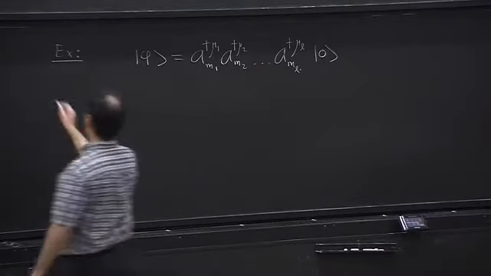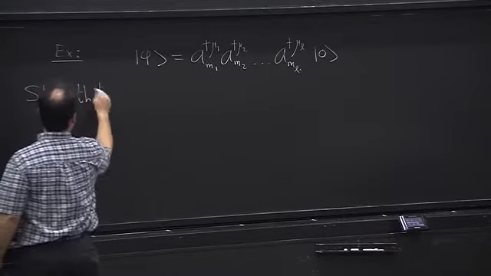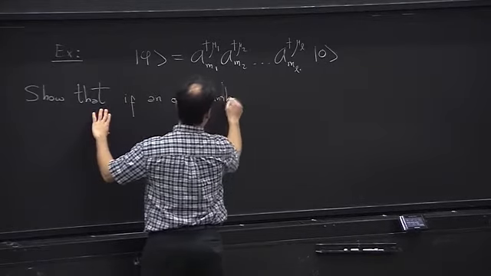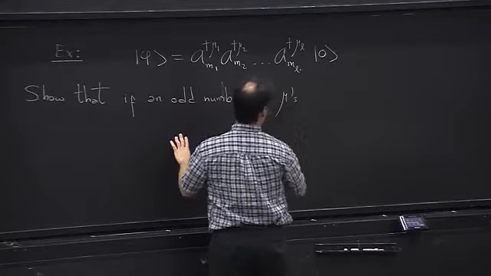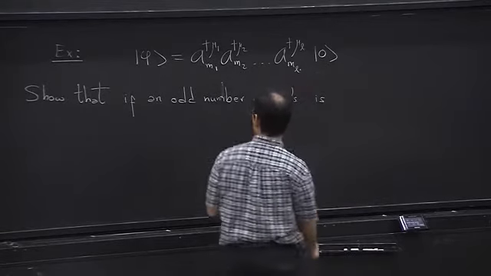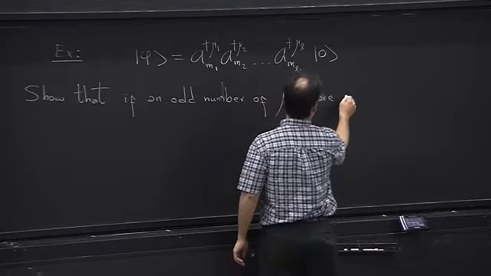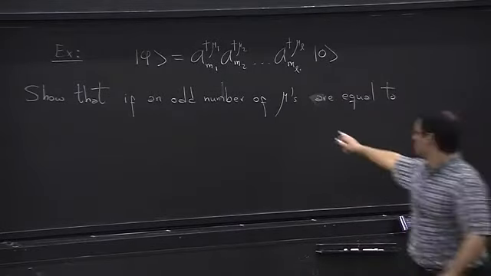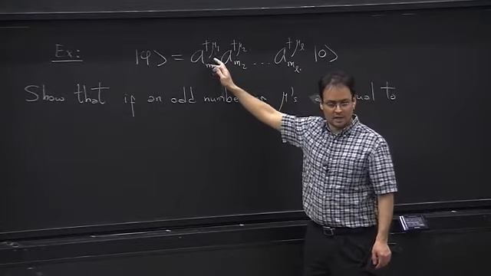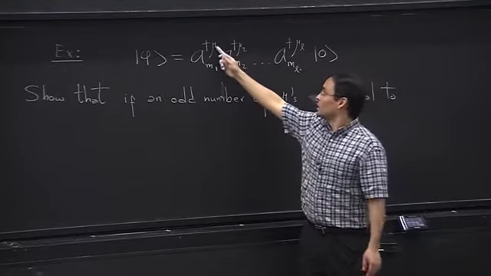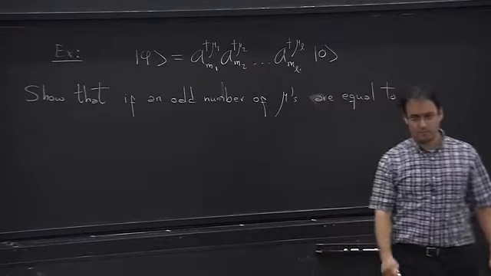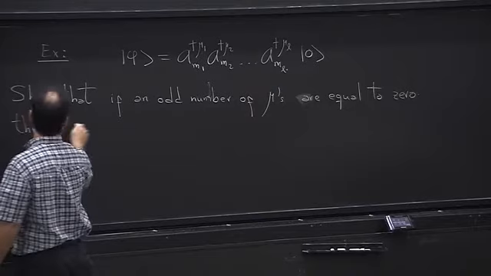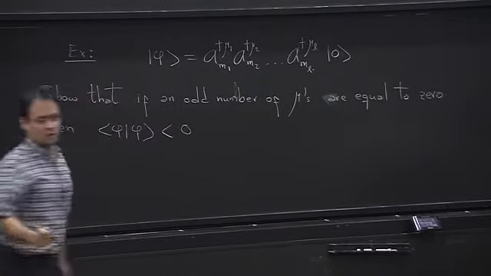Now the exercise is to show that if you choose any state, whatever you want, so that an odd number of these indices mu are equal to 0, then the norm of our state is negative.